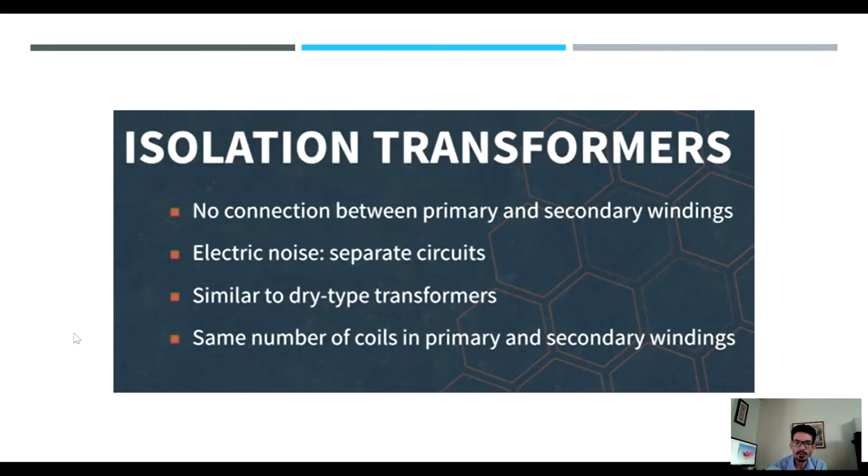In the particular case of an isolation transformer, since there's no connection between primary and secondary windings, the voltage in many cases stays the same, but it's filtered, or the signal is able to be more neat, less noisy, so that it could be used for better applications.